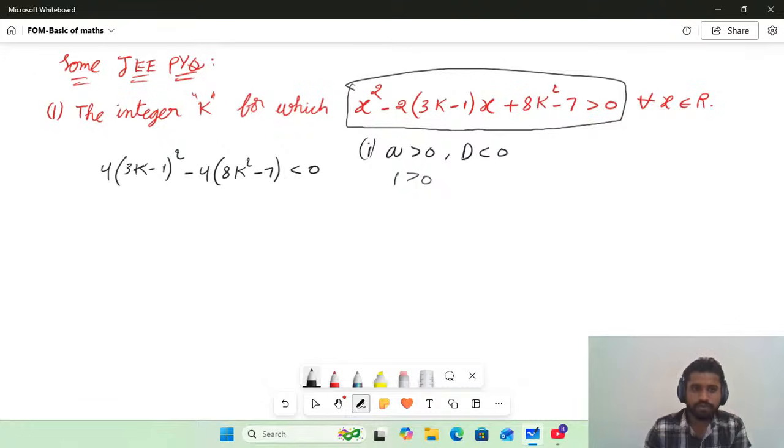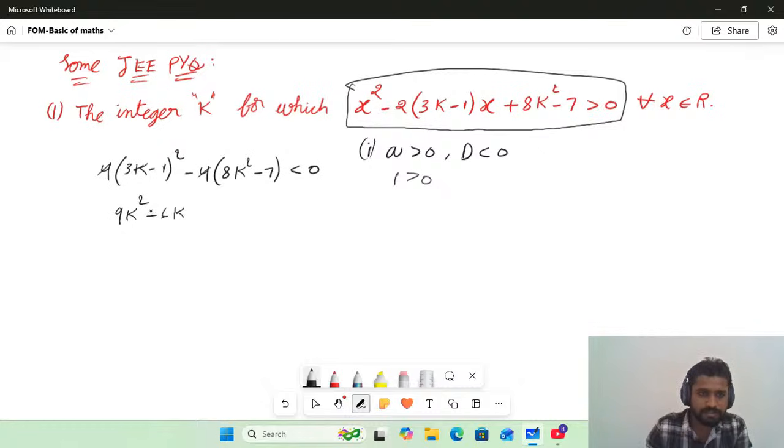Here minus 2 whole square, which is 4, times 3k minus 1 whole square, minus 4ac, where a is 1 and c is 8k square minus 7. So D is less than 0. So 4 we can move to the right side of the inequality. What will remain on the left side? Here 9k square minus 6k will remain.